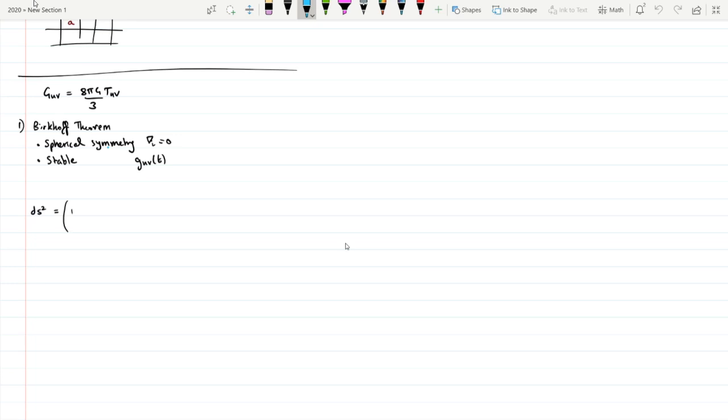So this is the Schwarzschild equation, and let's write it first, so there's no confusion.